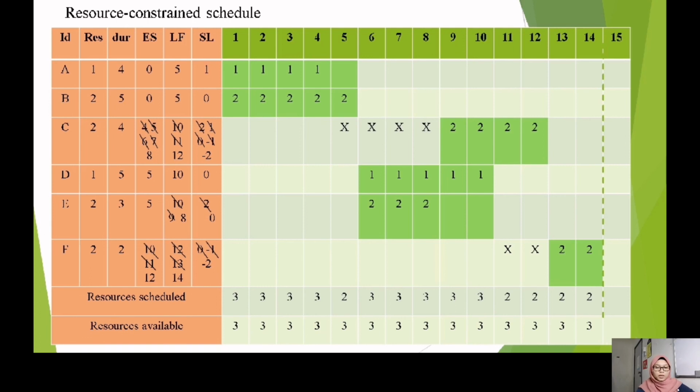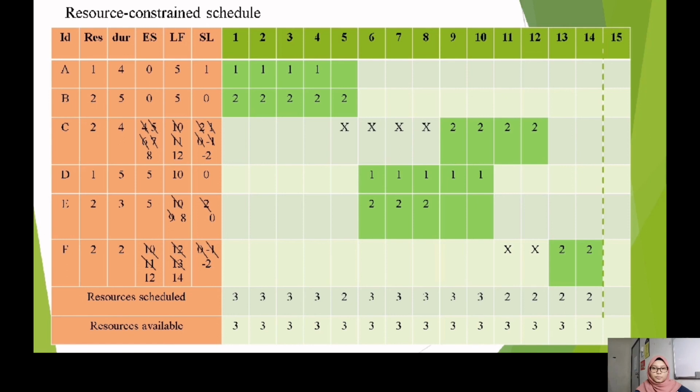And the same problem, F needs to start after C, D, and E, so we push F to day 13 and 14. So we add 2 at the early start and also add 2 at the late finish. If we look back at ID C, the slack is -2.